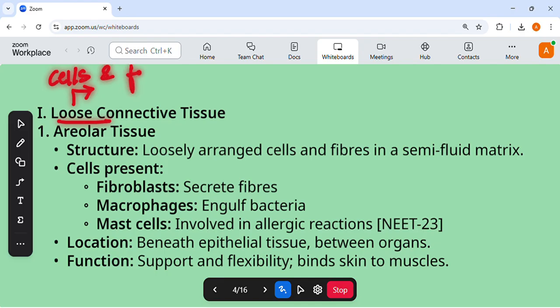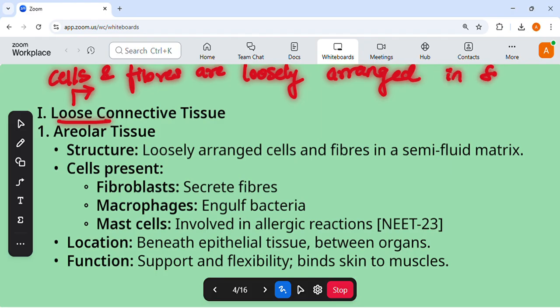Cells and fibers are loosely arranged in semi-fluid matrix.